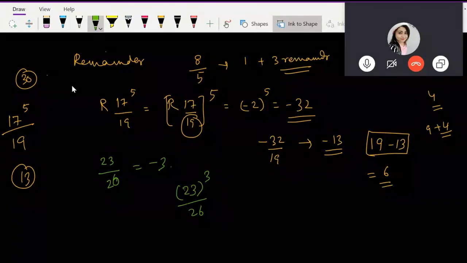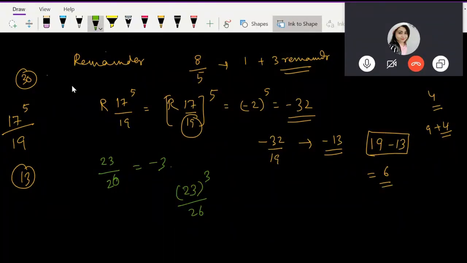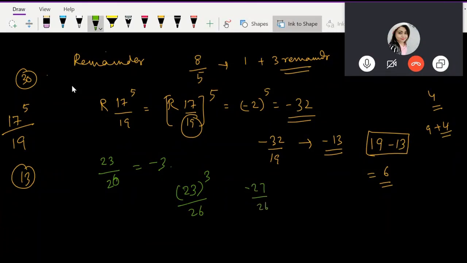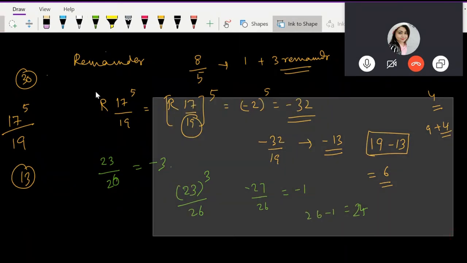Correct. Got it? So this would be minus 3 whole cube, which is minus 27 by 26, that is minus 1. So 26 minus 1 is 25.